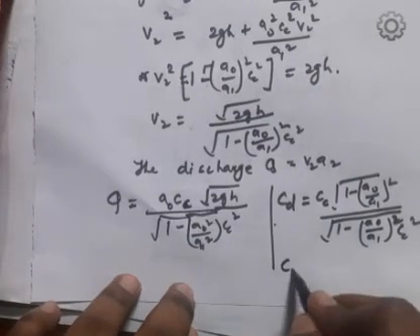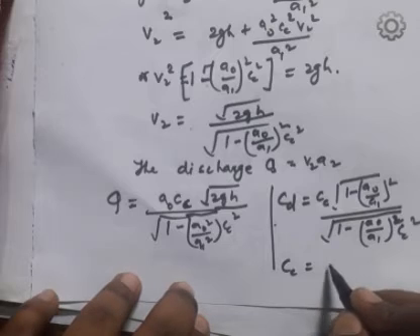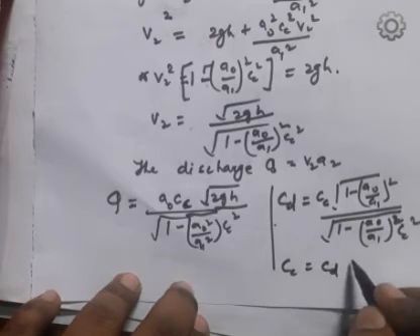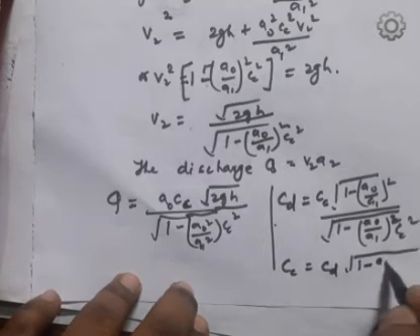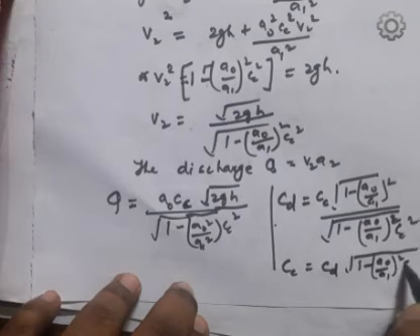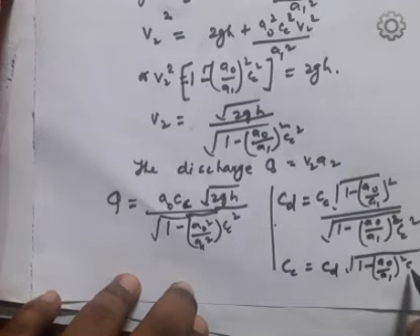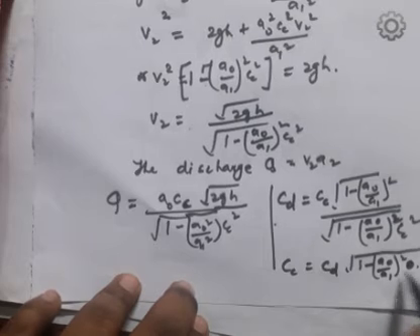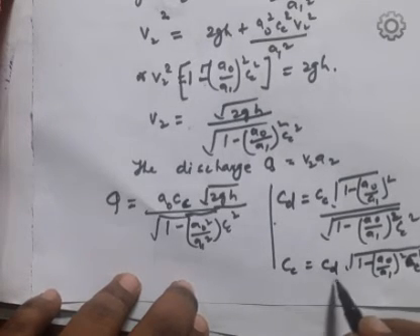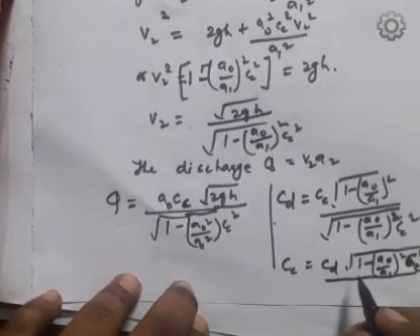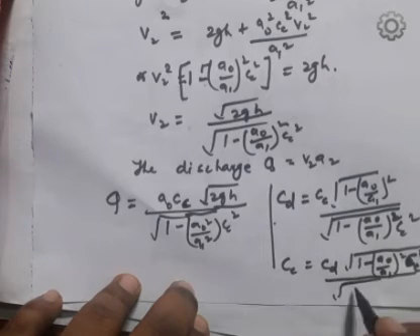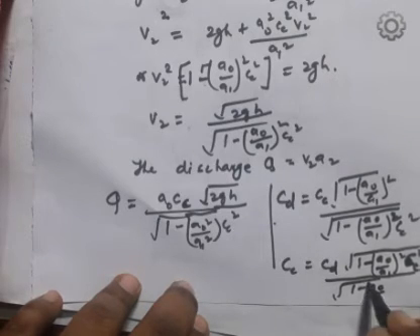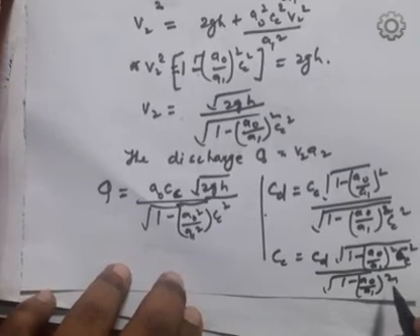This will give Cc is equal to CD root under 1 minus A naught by A1 whole square, divided by 1 minus root under A naught by A1 whole square.